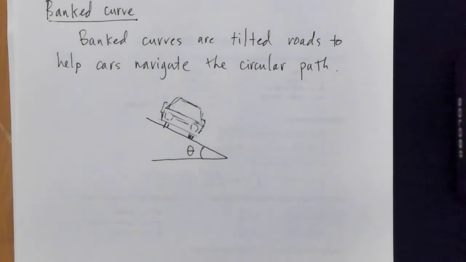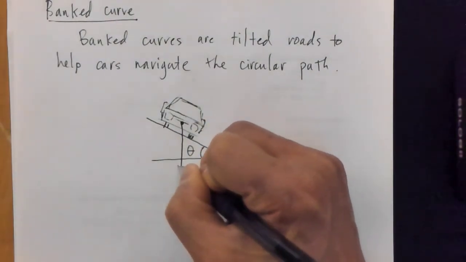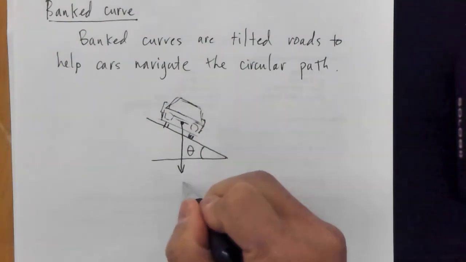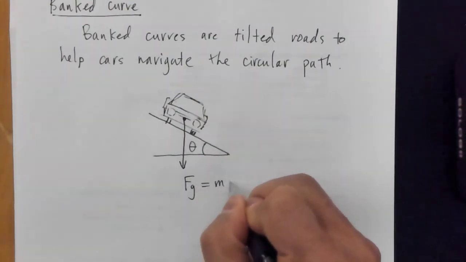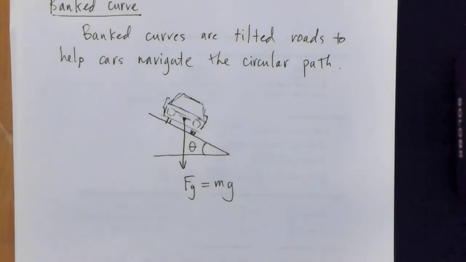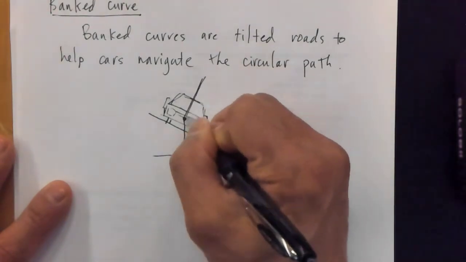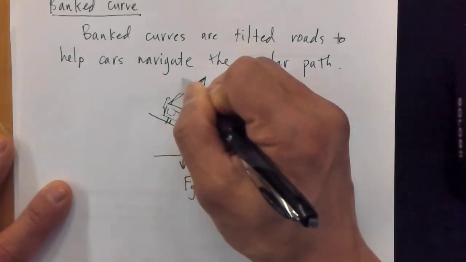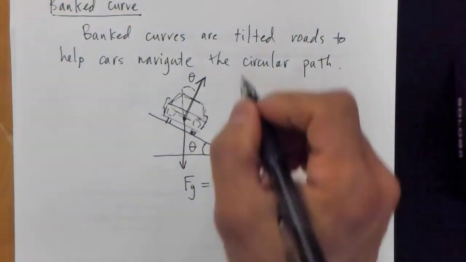Because it's an inclined plane, we have the force of gravity going down like that. So we have Fg equals the mass times g. And then we also have the normal force. Remember the normal force from the inclined plane like this. And so we have an angle theta there. That's our normal force.